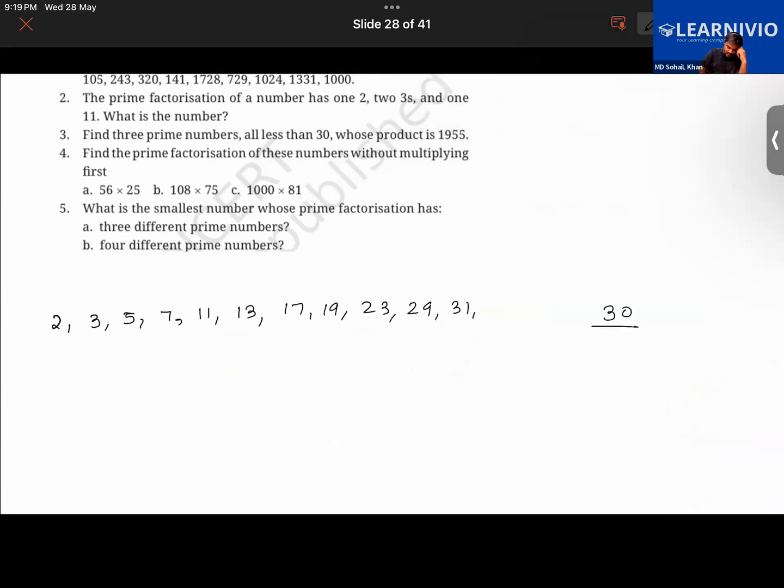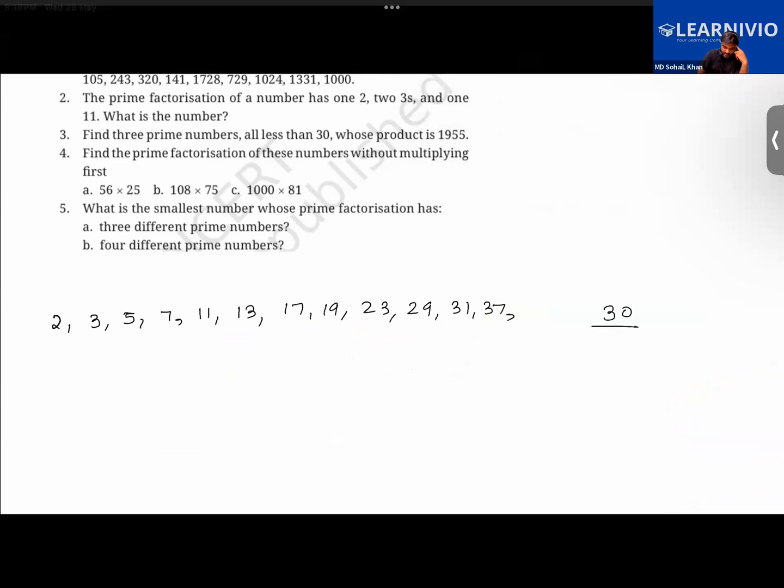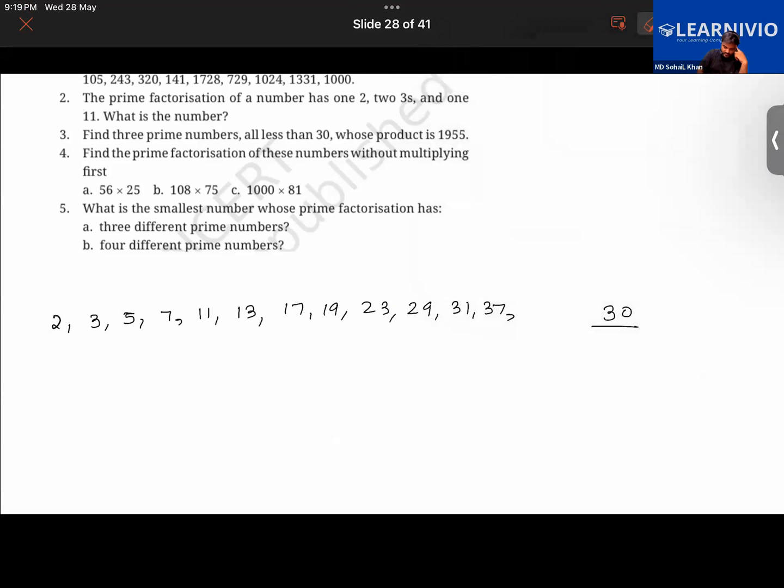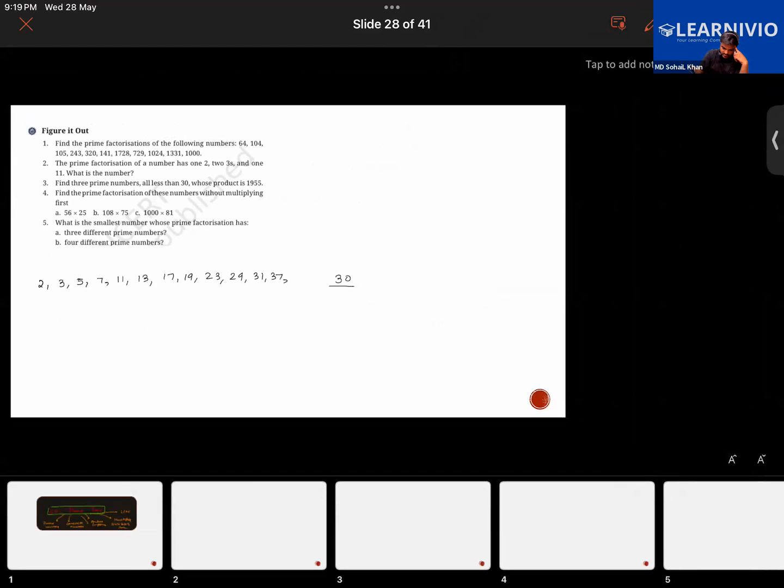Right after 31, you have 37. Not 37, it should be below 30, no? So till 29 only.